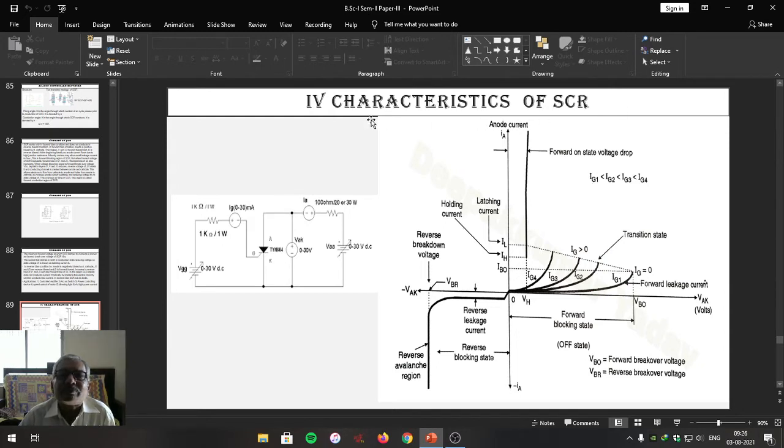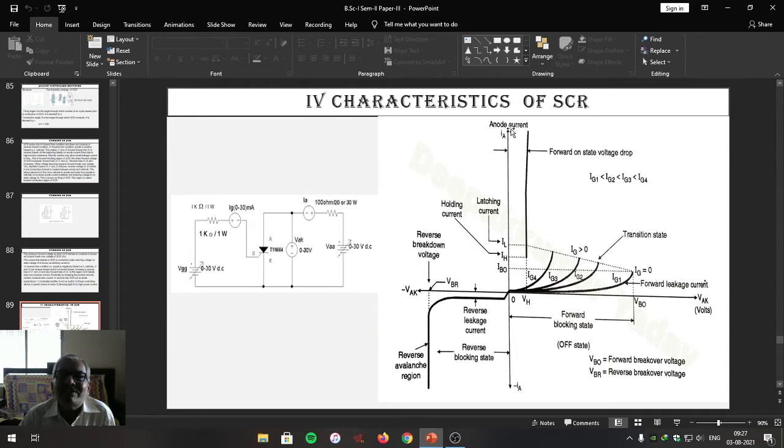That means we are going to plot the graph of current through SCR versus voltage drop across the SCR when it is biased properly. Those graphs are called the IV characteristics of SCR.